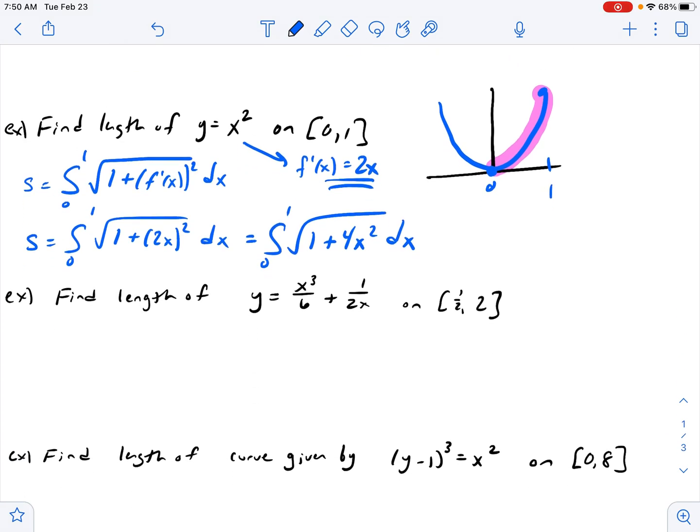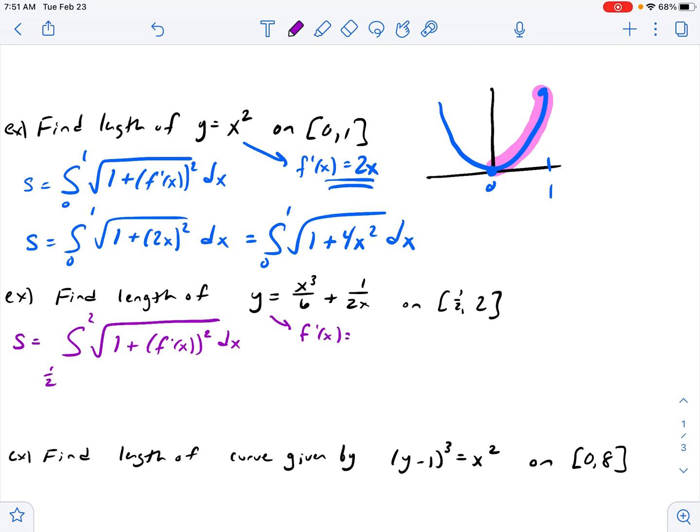Find the length of this weird-looking curve, x cubed over 6 plus 1 over 2x, on the interval from 1/2 to 2. As soon as you know you're just finding the length of the curve, set up your formula. In this case, we'll have the integral from 1/2 to 2 of the radical of 1 plus the quantity f prime of x squared dx.